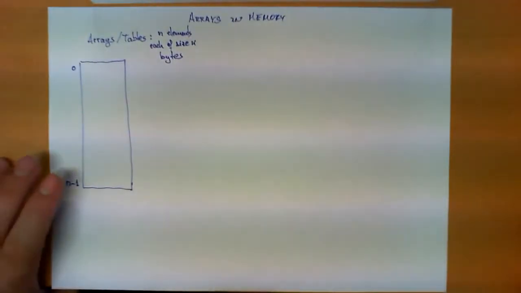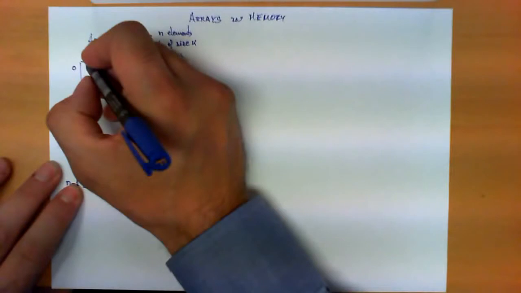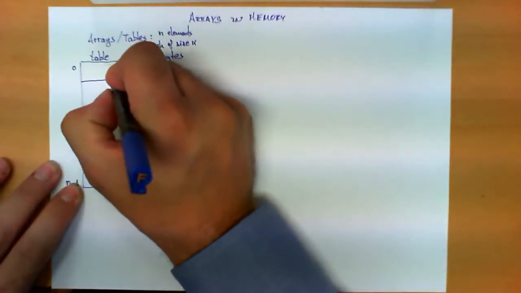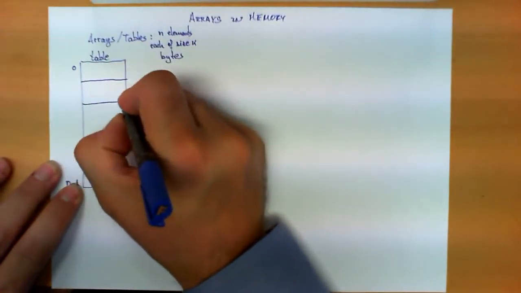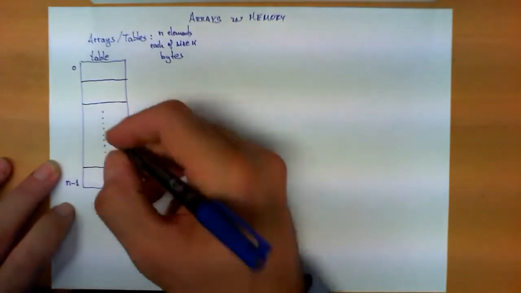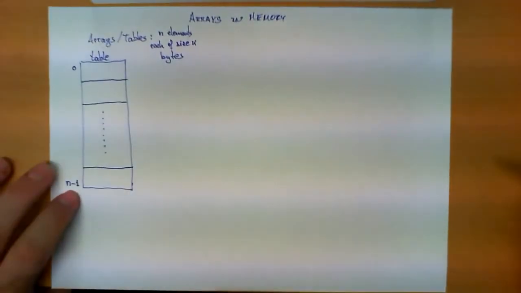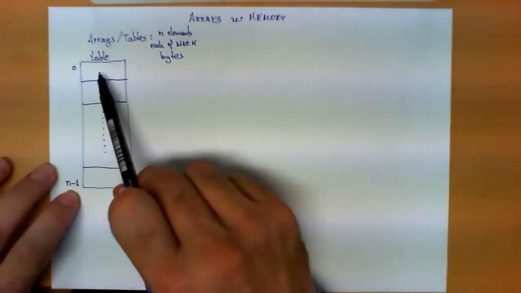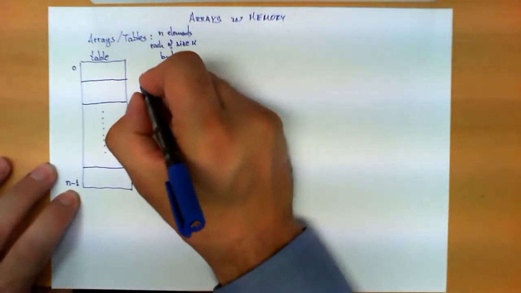So the interesting thing about this table, let's suppose this table is called table. The first element is here, the second element is here, and so on and so forth until the last element, which has the number n-1. The special property about this table is that to refer to these elements we're going to use the following notation.